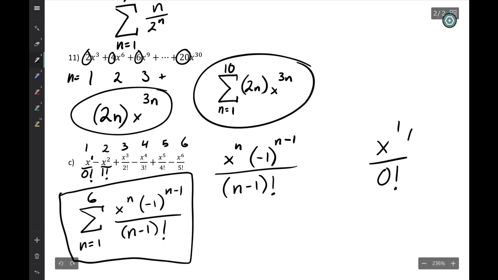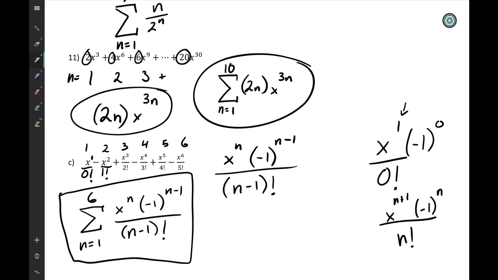If I just plug in 0, all I need here is n, so I could just leave the bottom as n factorial. But then what do I need to do to this exponent right here? Well, I got to add 1 to it, so it becomes x to the n plus 1.